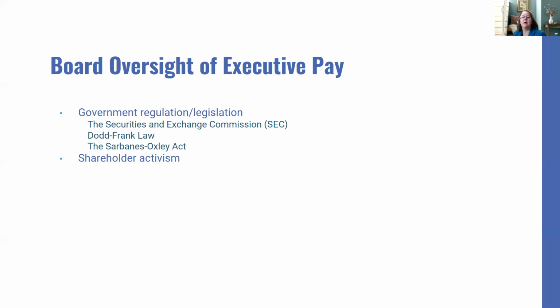The Dodd-Frank law of 2010 requires that American companies give shareholders a say on pay. So law firms are filing class action suits demanding information from companies about their senior executive pay decisions. The Sarbanes-Oxley Act makes executives personally liable under certain conditions for corporate financial oversight lapses.